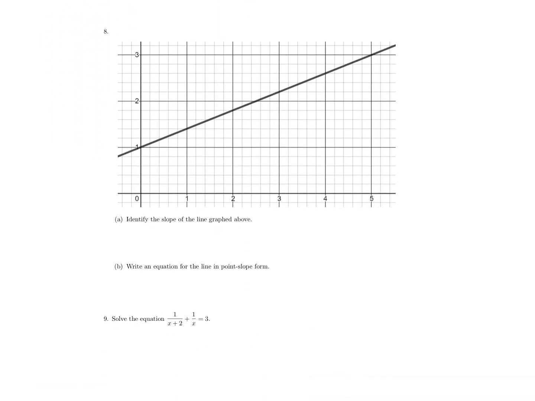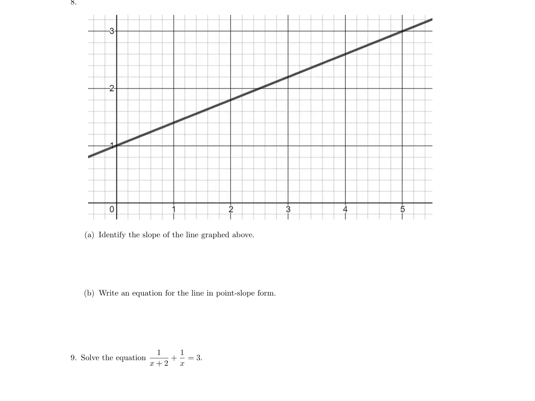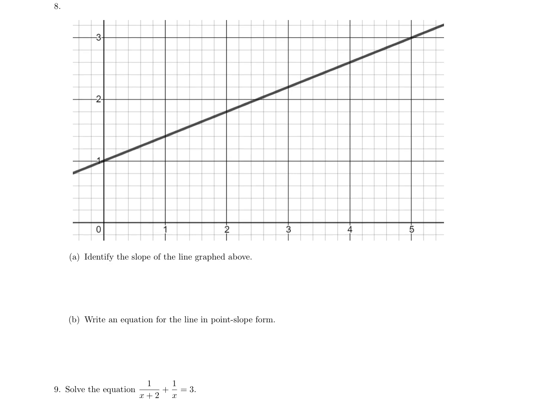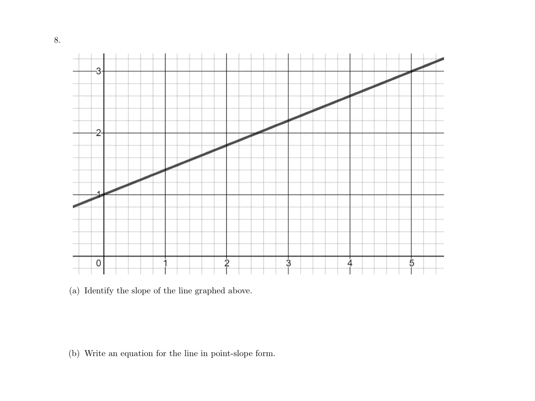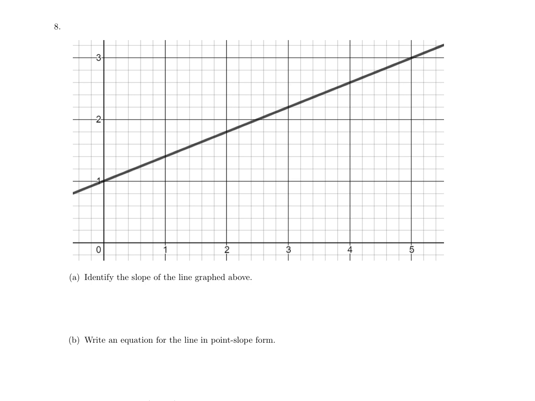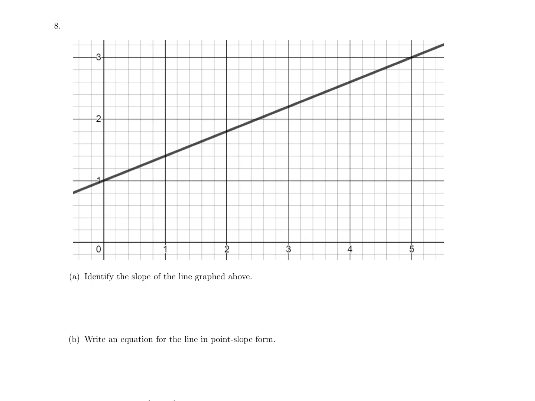All right, number 8. So let me increase the size here a little bit. Okay, so 8a, identify the slope of the line graphed above, and then 8b, we're going to write an equation for the line in point slope form.